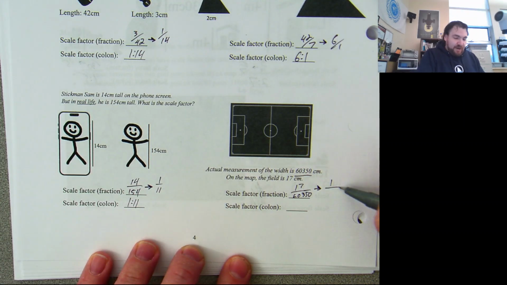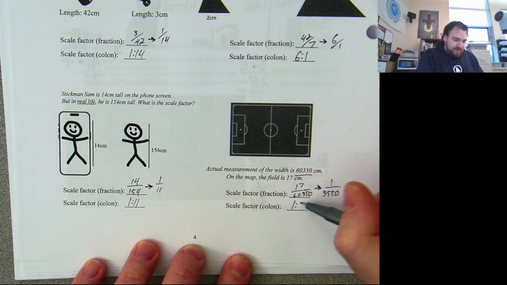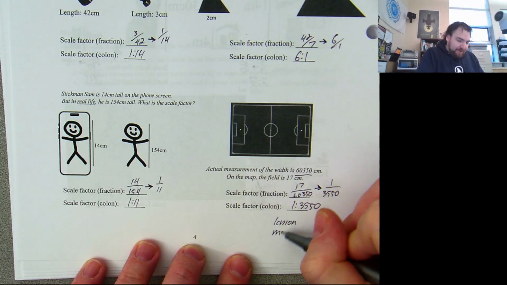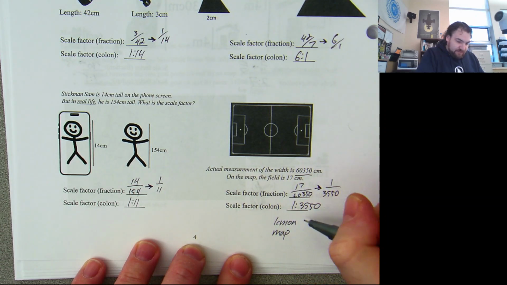So that's going to be 1 over 3,550. So 1 to 3,550. And what that means is 1 centimeter on the map is equal to 3,550 centimeters in the world.